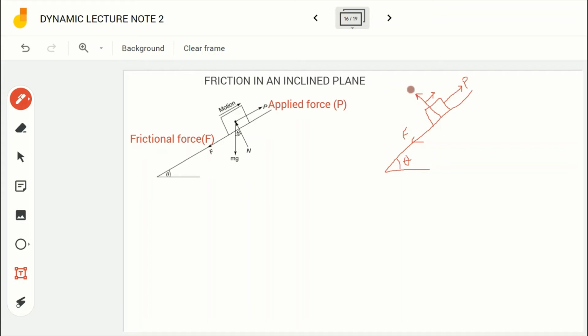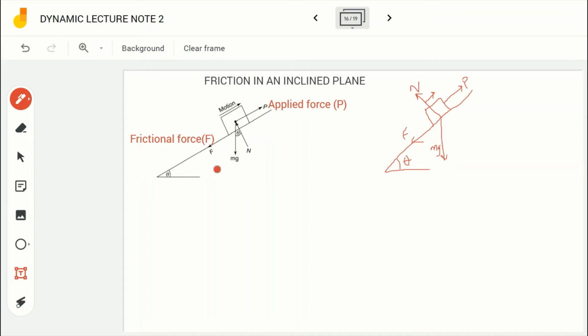That's my N. Please note that your normal force always acts upwards. Also I have a force that is inclined, and this is my mg.